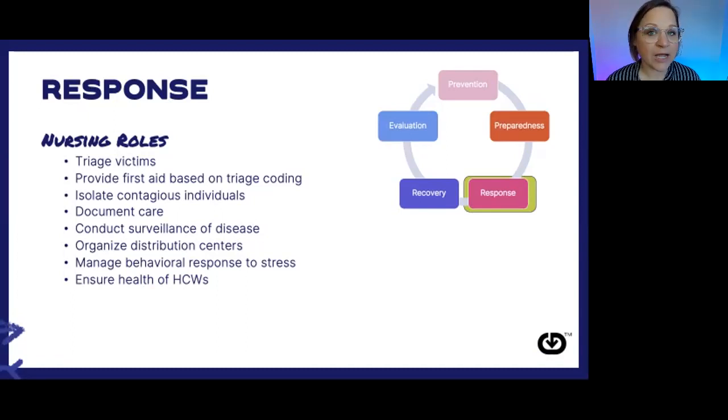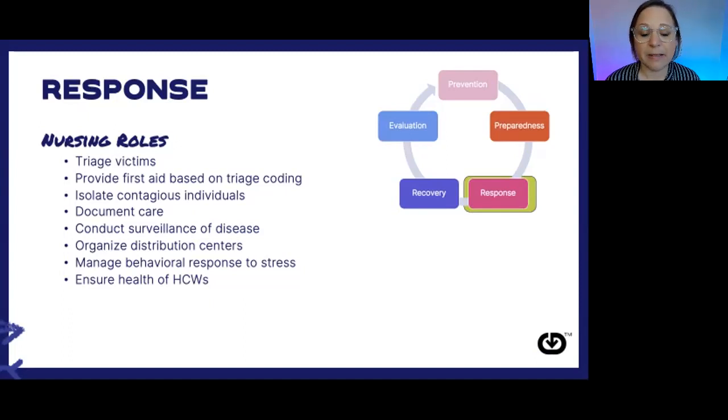We're going to document care to make sure that whatever care we're doing is being recorded for these patients. We're going to conduct surveillance of disease. Now, this would be done on the public health nurse level, but if there is a communicable disease outbreak, that needs to be tracked during this time to prevent its spread and to study its effects. We're going to organize distribution centers, distribution for medical supplies and food and shelter.